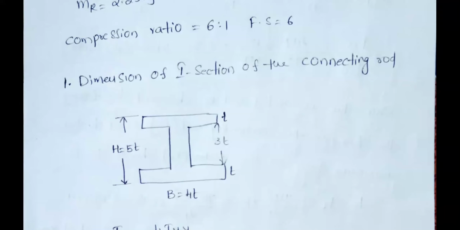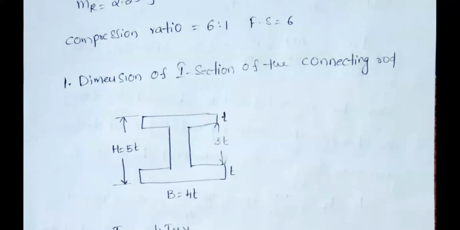Before we apply it, you are supposed to design your connecting rod by assuming that it is equally strong about the x-axis and y-axis. What is the relation if it is equally strong about the x-axis and y-axis? IXX equal to 4 times IYY. Then you have to check the proportions of the IXX value and IYY value.